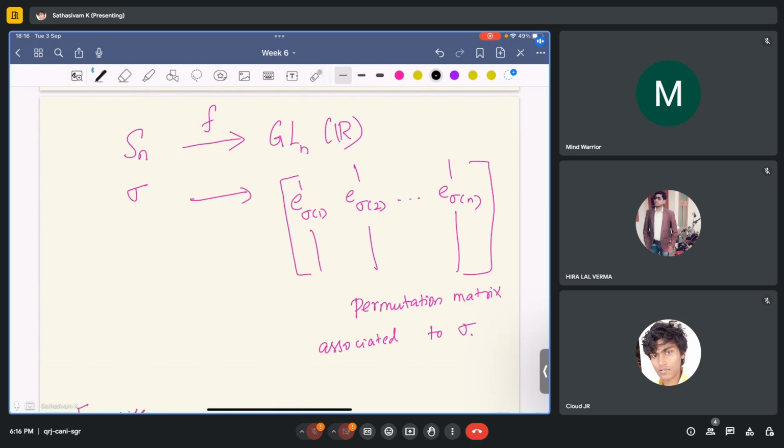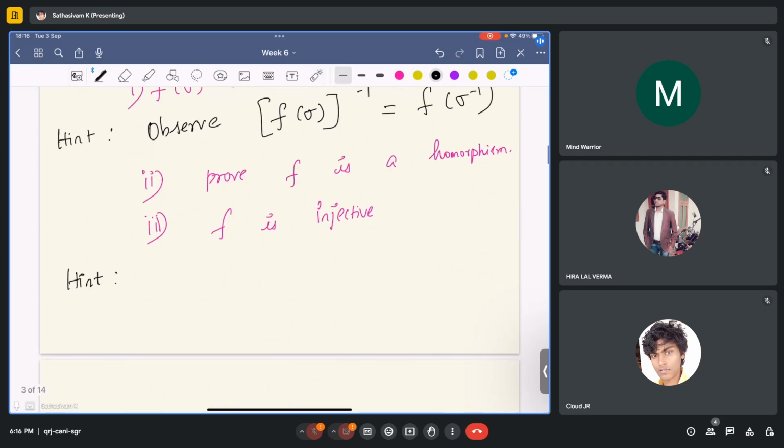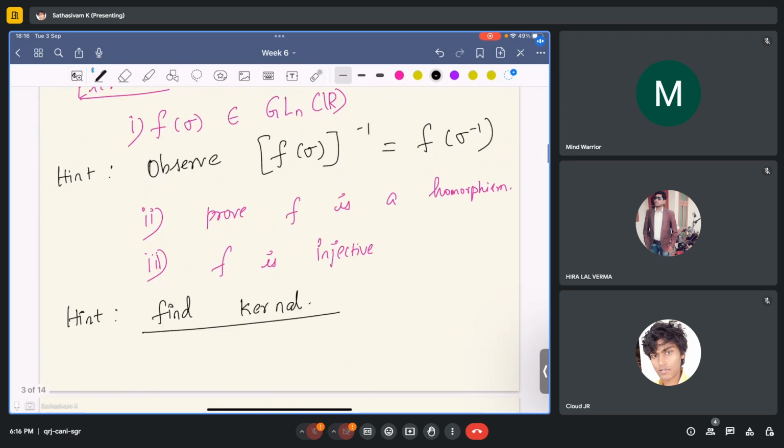When you go via the polynomials and all, it's hard to see what is actually happening, but this way gives you the idea. So you find the kernel here. It's easy to find. Find the kernel and see that the identity is the only element.